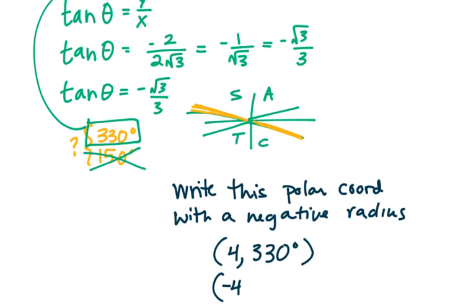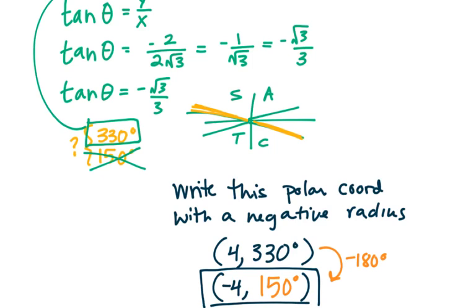A negative radius would be negative 4. What would we have to use for our angle measure? We would need to subtract 180 degrees. Subtracting 180 degrees gives me 150 degrees. So here is the same ordered pair, but with a negative radius.